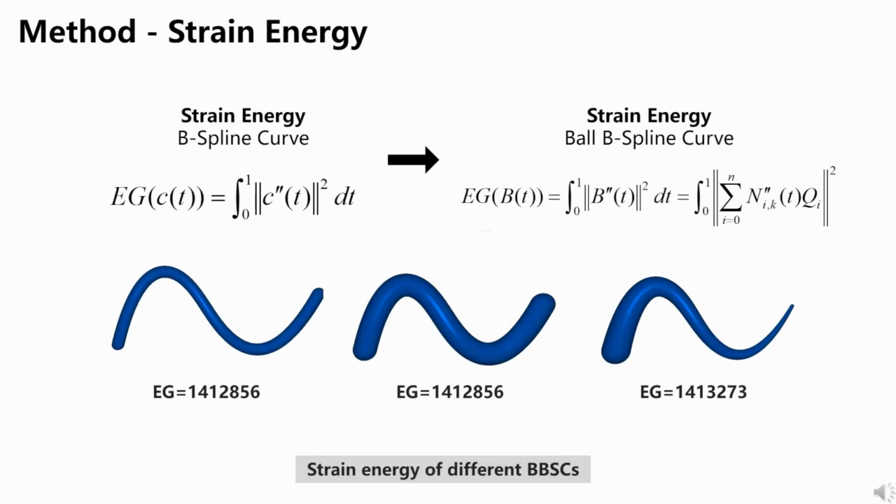We can see that in this skeleton line, it's consistent. If the radiance change is also consistent, then the strain energy should be the same. If the radiance change is not consistent, the strain energy will change, which shows that the definition is reasonable.